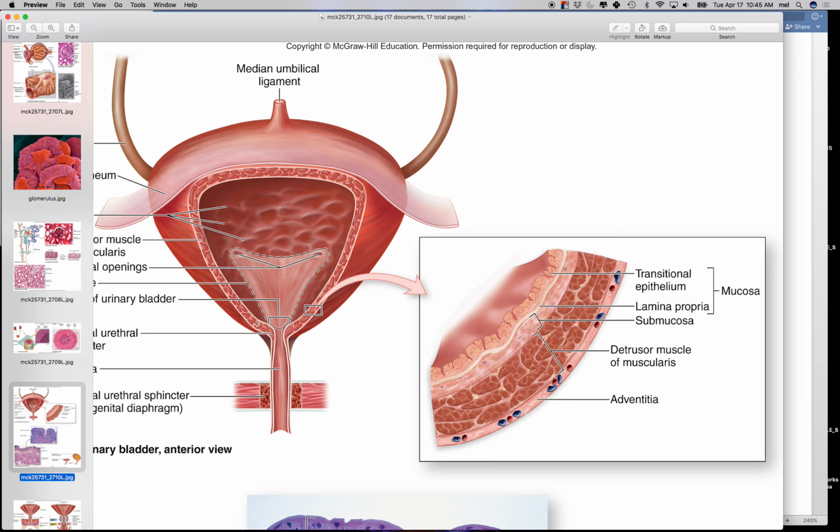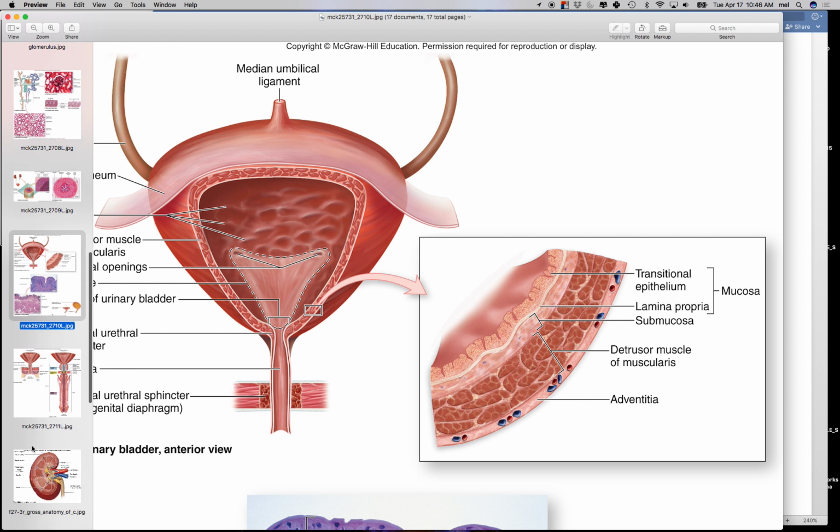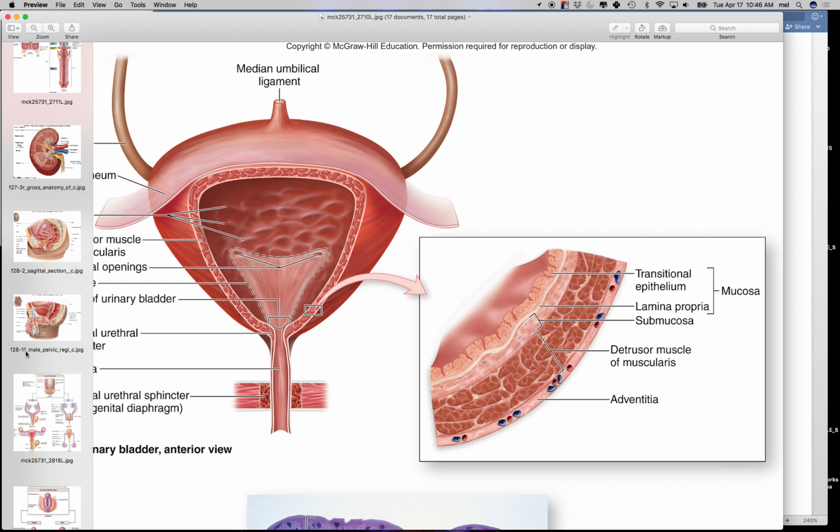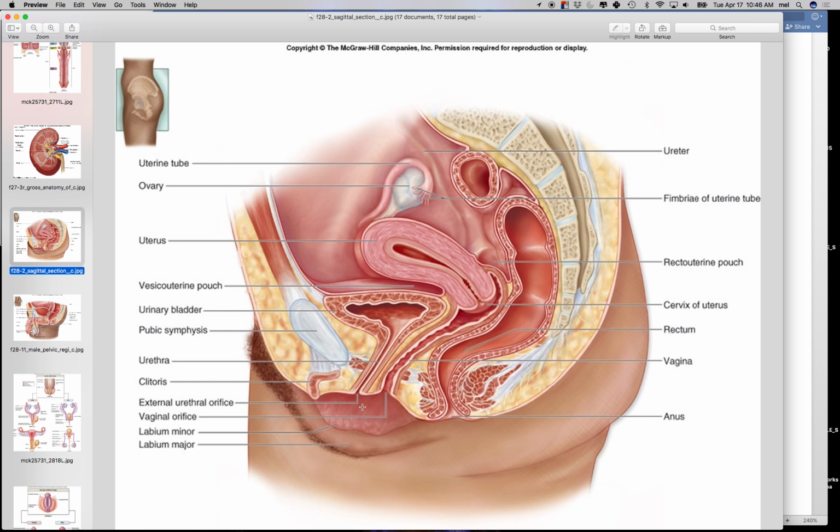So this anatomical variation in which your trigone might be a little deeper seems to predispose, especially women, to urinary tract infections. So let's look briefly at why women get far more urinary tract infections than males. Ready? Okay, if you look at a mid-sagittal section of a male versus a female, you can see that in a female, you only have about 1.5 inches or 4 centimeters of urethra to speak of before you get to your urinary bladder.